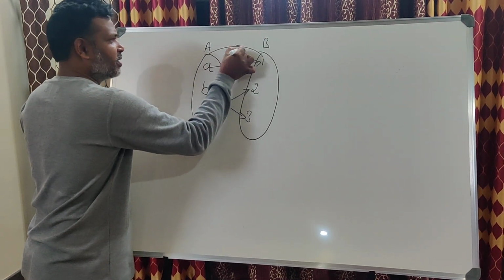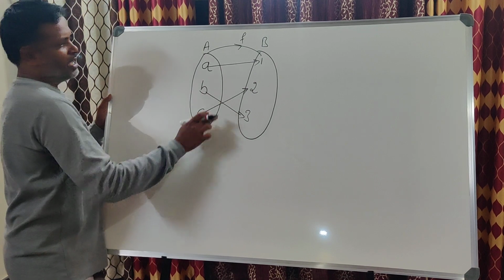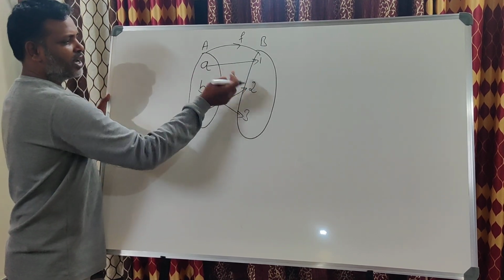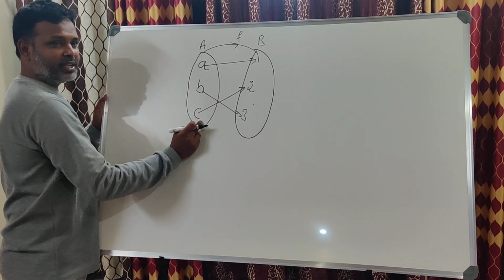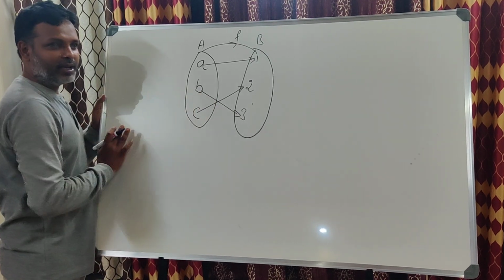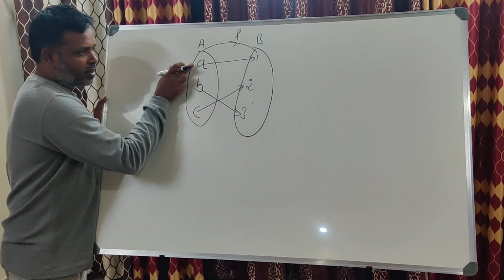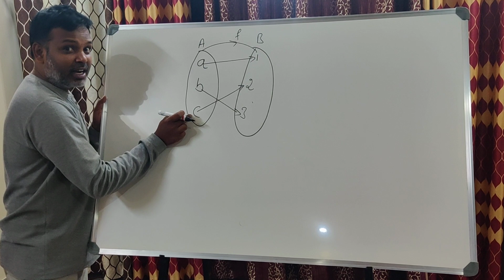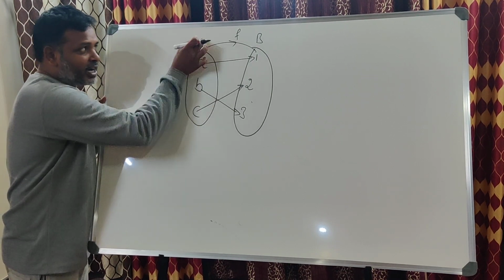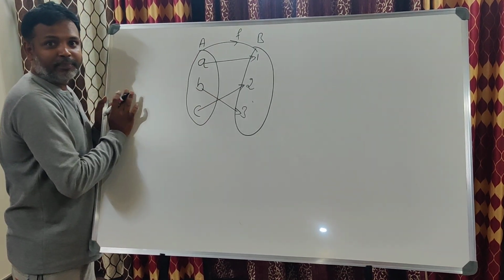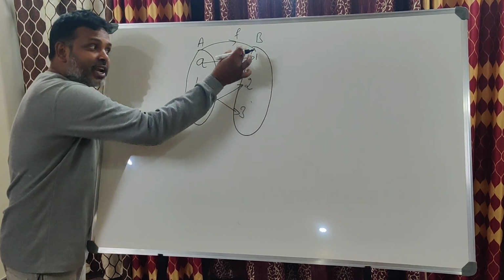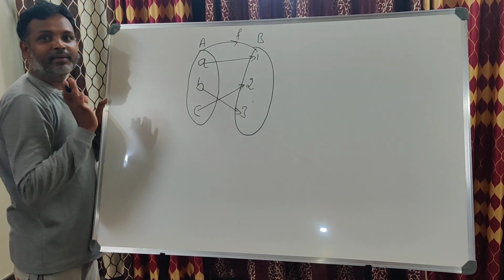This is a function from set A to set B. Again, 1 is written as f of A, 2 is written as f of C and 3 is written as f of B. Look here, A, B, C all are different. Different elements of the domain have different images in the codomain.